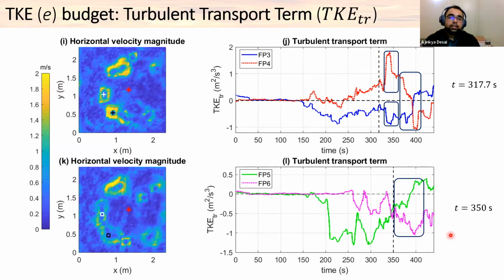That seems to suggest again that there is some kind of interaction between adjacent fixed points via the turbulent transport term. So the vorticity structures pointed towards some kind of interaction. The turbulent transport seems to be quantifying that interaction via an energy exchange.